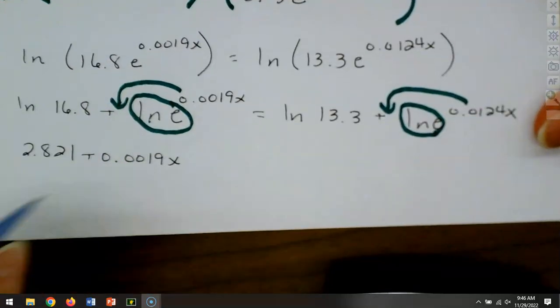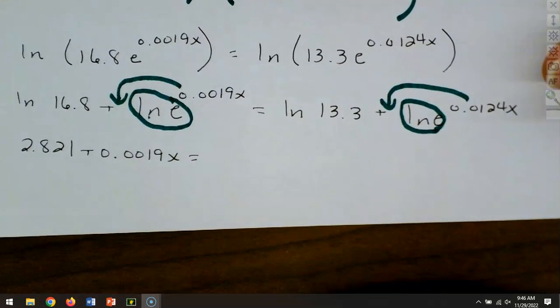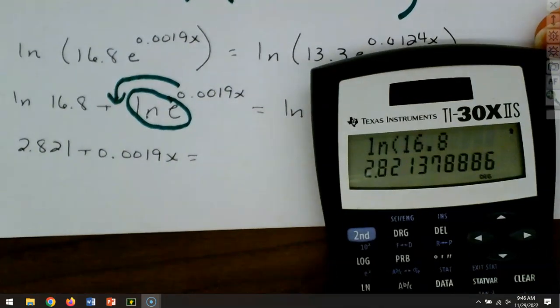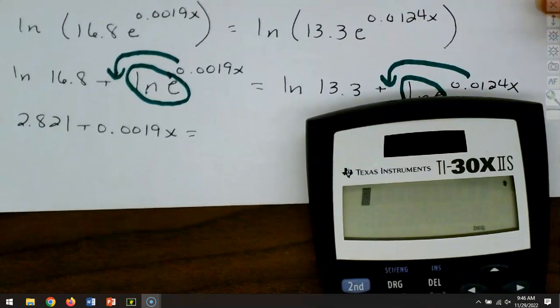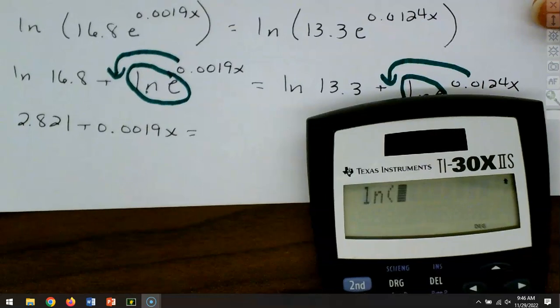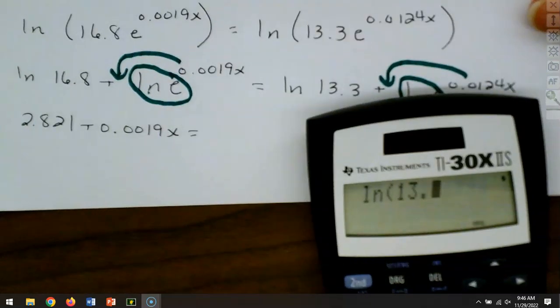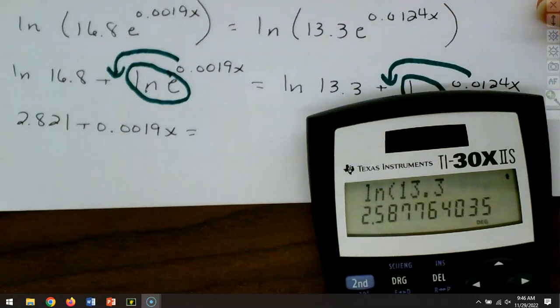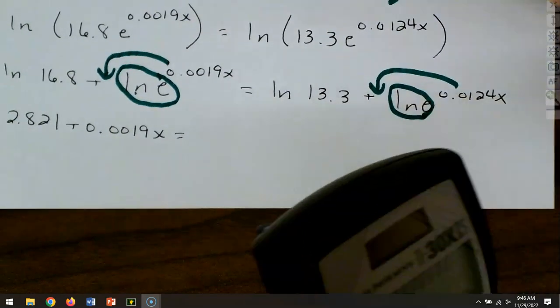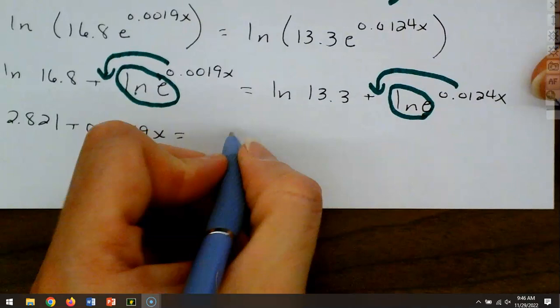On the other side, we want the natural log now of 13.3. Take the natural log first, of 13.3. And that gives you 2.588 if you round. Looks like 3 places should be more than enough.